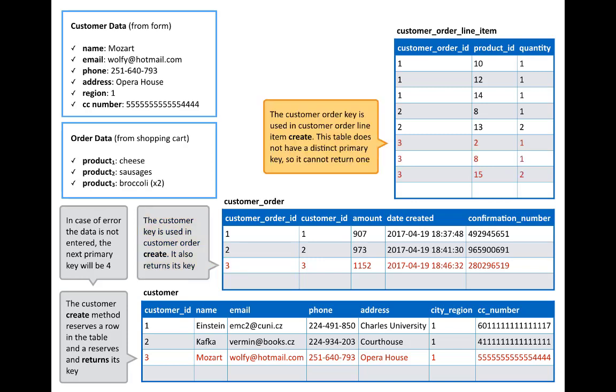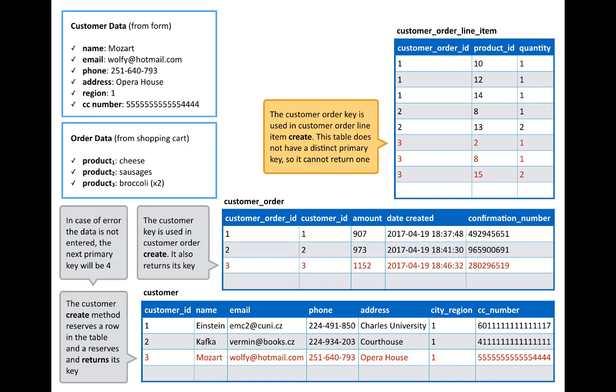Once you have the primary key for the customer order, you can iterate through the shopping cart items and call the create method of the customer order line item DAO for each product. Notice that the database does not automatically generate a primary key for the line item table. The line item table is an intermediate table in the many-to-many relationship between the product and the customer order tables.